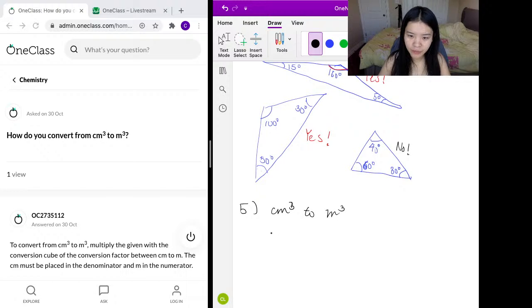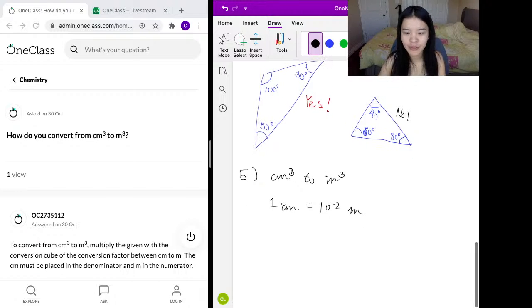We know that 1 centimeter is equal to 1/100 meter, so 100 centimeters is equal to a meter, or a centimeter is equal to 1/100 meter.